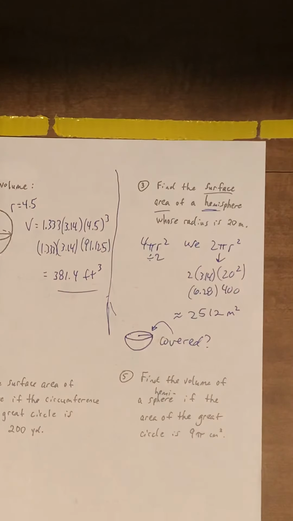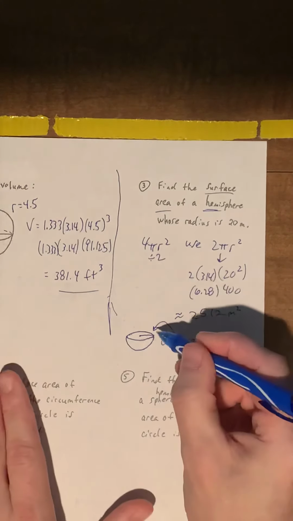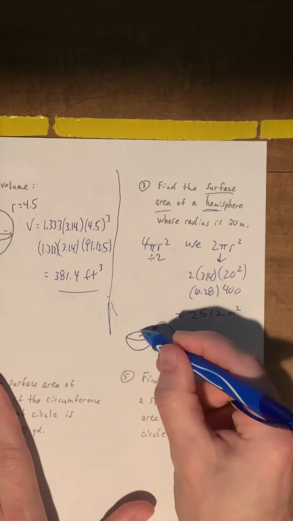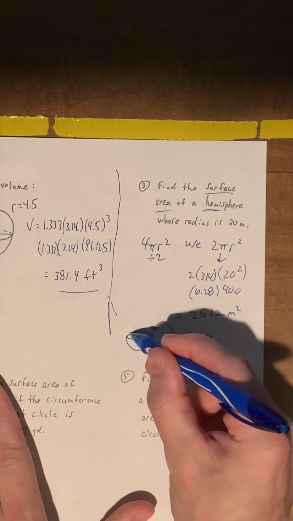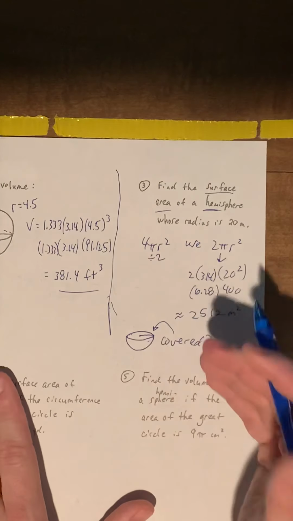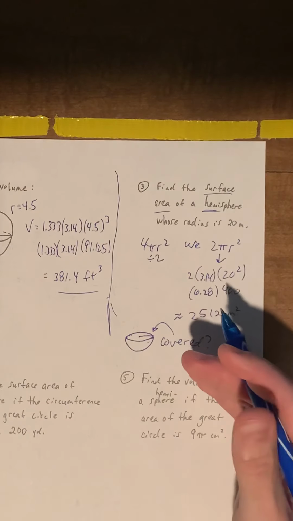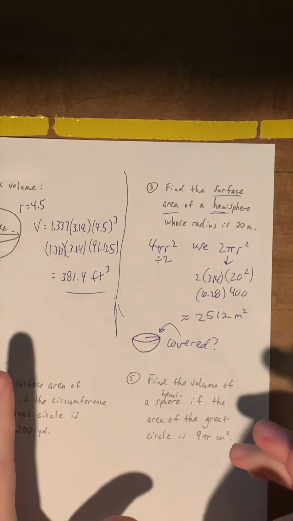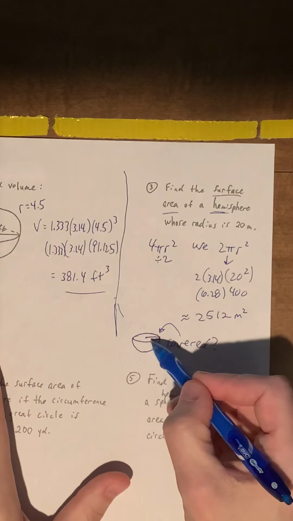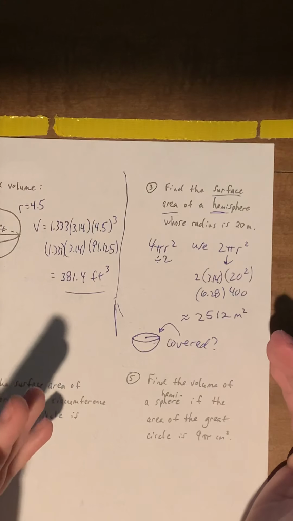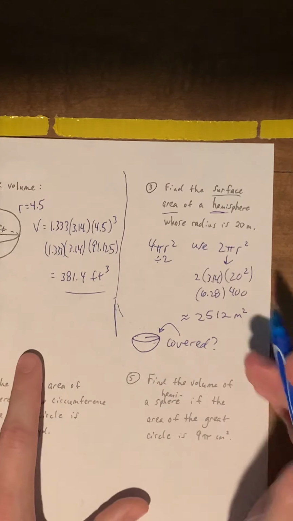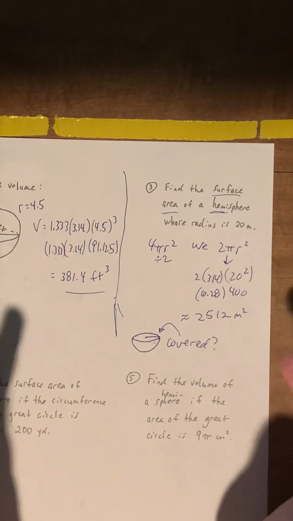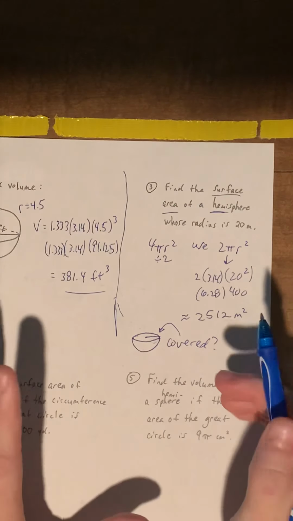Because some hemispheres that are half of a sphere may be open, or they might have an actual cover. Well, if you have a cover or a lid, or if it's closed up, you have more surface area. If you just chop a sphere in half and it's open, it's half of the formula, half of the surface area, or half of a normal volume. Well, actually not, the volume doesn't matter, but back to the surface area.